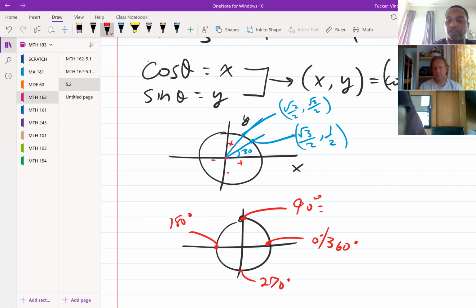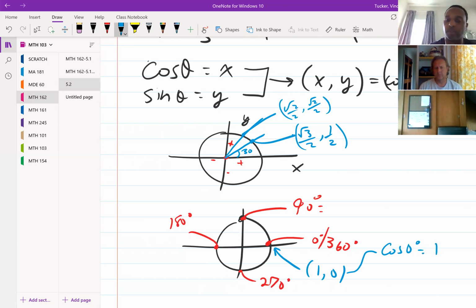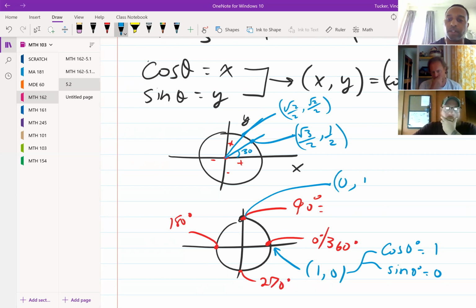So if you were to look at your coordinates based on what you know from your ordered pairs Cartesian coordinate plane, I will go to the right 1, and then that's 0. So that means cosine of 0 degrees is 1. Sine of 0 degrees is 0. So when you look at the coordinates right here of 90 degrees, that would be 0 for x and up 1. So that means the cosine of 90 degrees is 1.